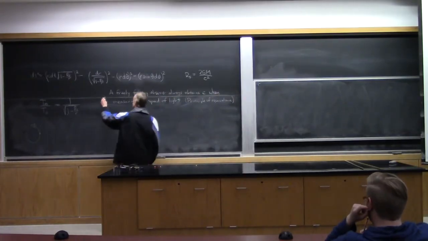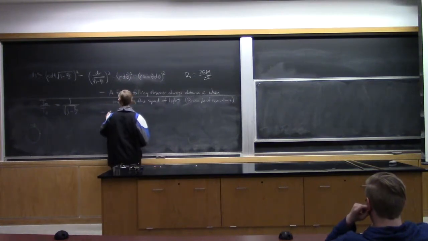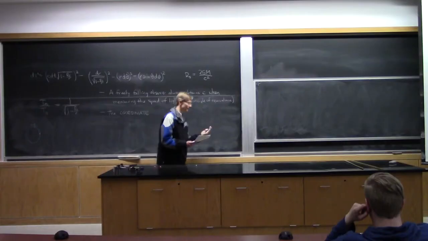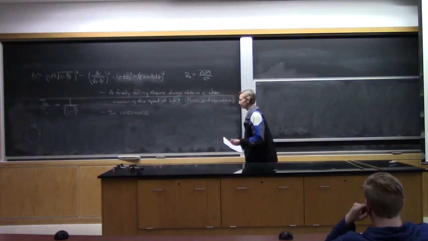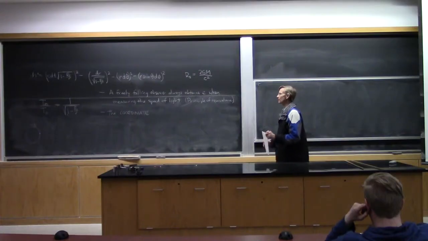But the coordinate speed of light differs from c. It is the speed of light as specified, not really measured, because it's not what somebody would directly measure if they were next to the photon.